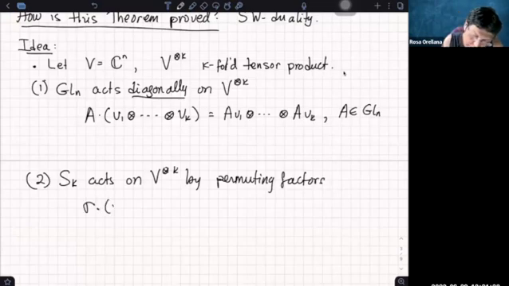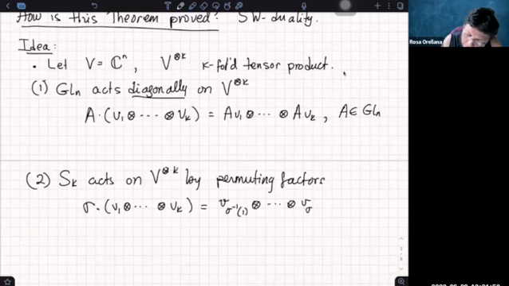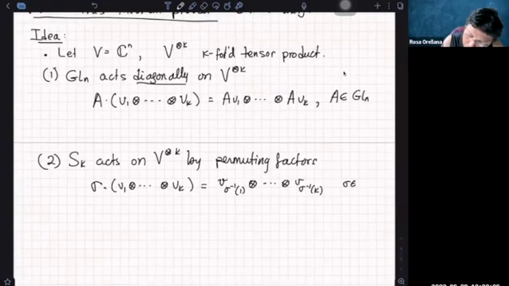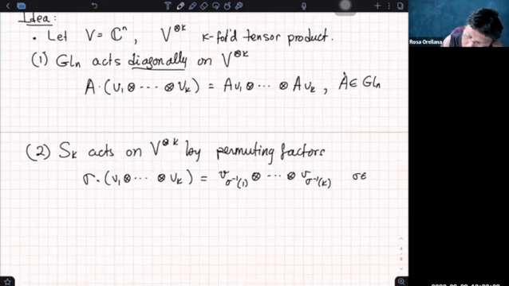So I'm going to write it like this: V1 tensor through VK, and in the literature it is usually written with sigma inverse to indicate that it's permuting the tensors. So it just does a permutation. I say this because later I'm going to have another action of another symmetric group, and that is going to be the left action. So here it's in SK.